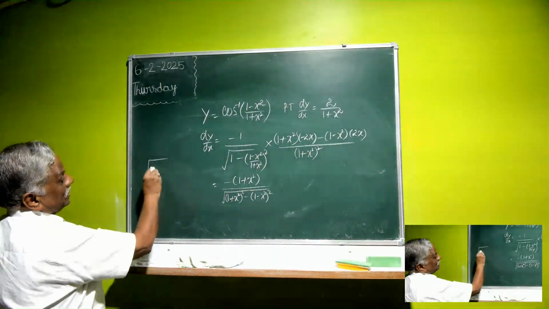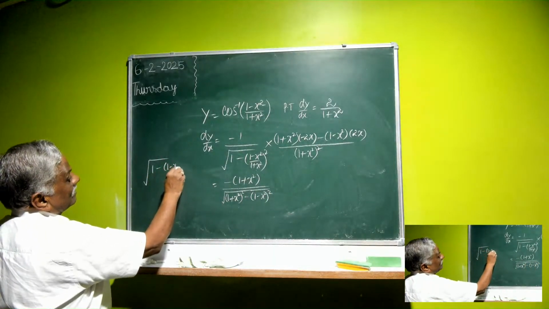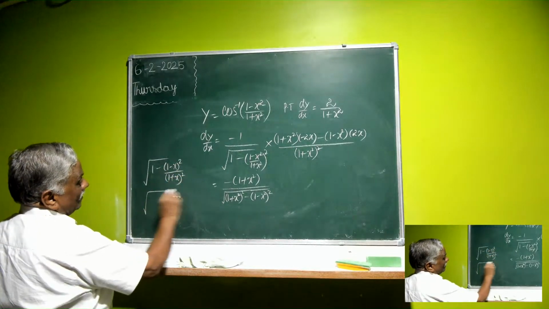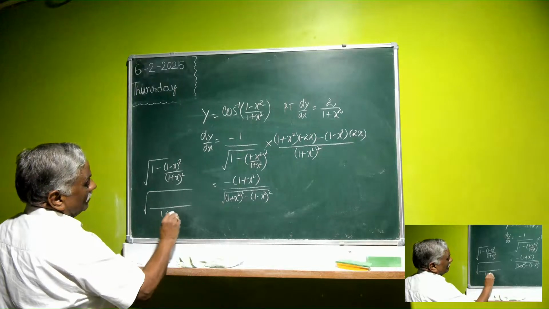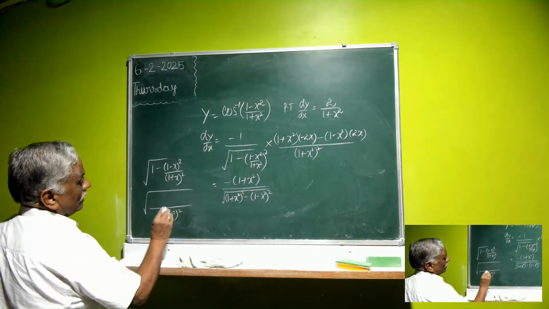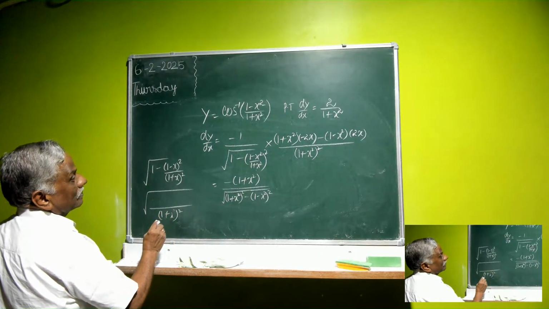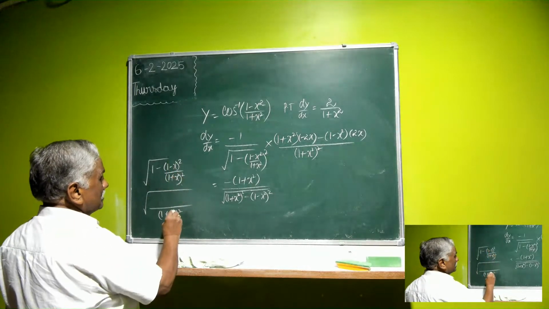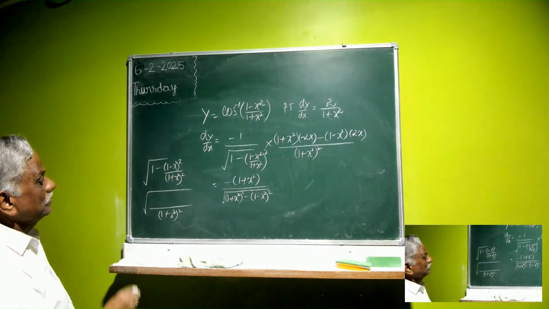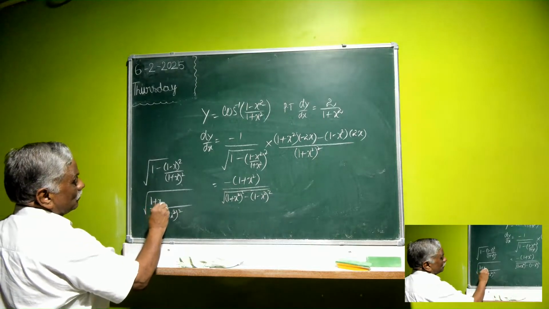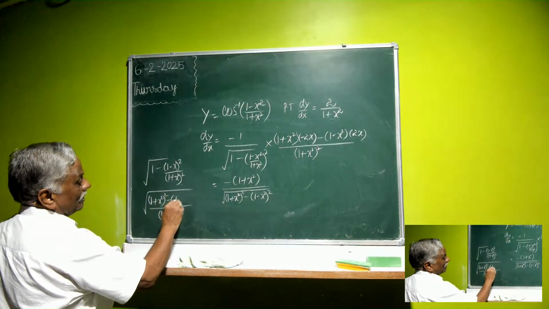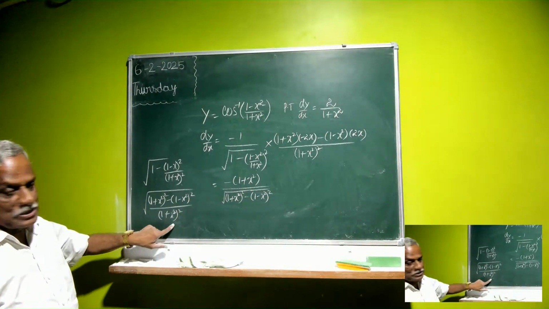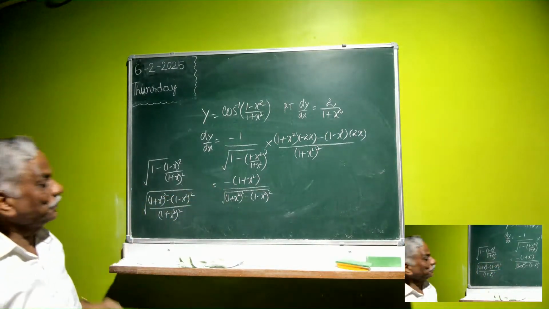I'm just writing the steps here. It is 1 minus x square whole square over 1 plus x square whole square. I take the LCM, 1 plus x square whole square. So this is 1 plus x square whole square minus 1 minus x square whole square. When you take out the root, you get 1 plus x square, that is separated.